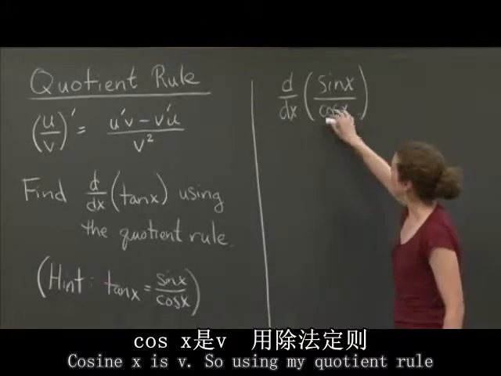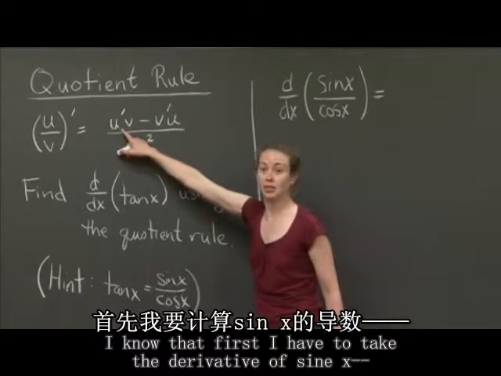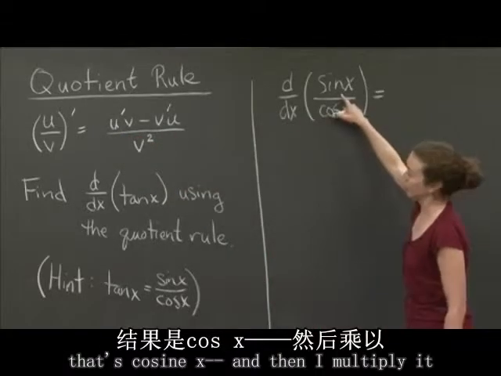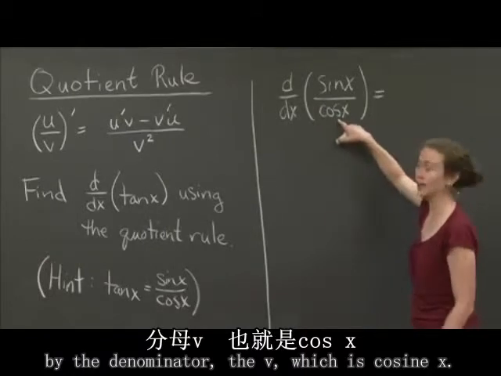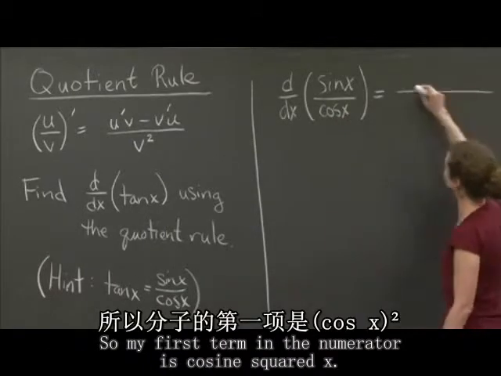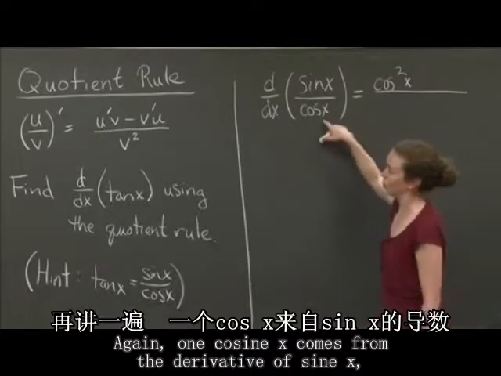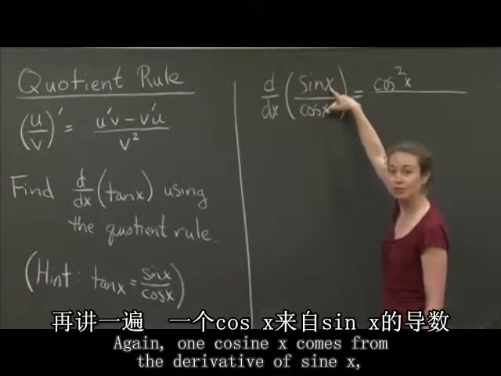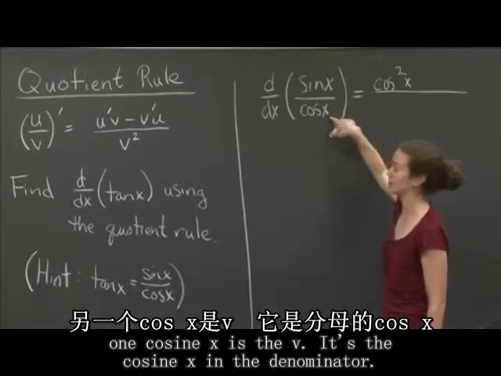So using my quotient rule, first I have to take the derivative of sine x. That's cosine x, and then I multiply it by the denominator, the v, which is cosine x. So my first term in the numerator is cosine squared x. Again, one cosine x comes from the derivative of sine x. One cosine x is the v. It's the cosine x in the denominator.